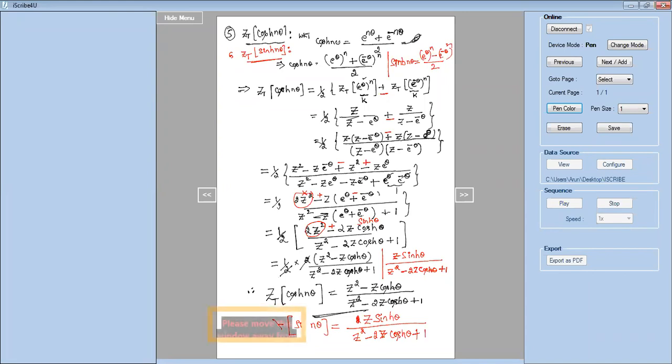Right. So this is the z transform of sinh n theta we get. So this is how we can derive the z transformation of sinh n theta.